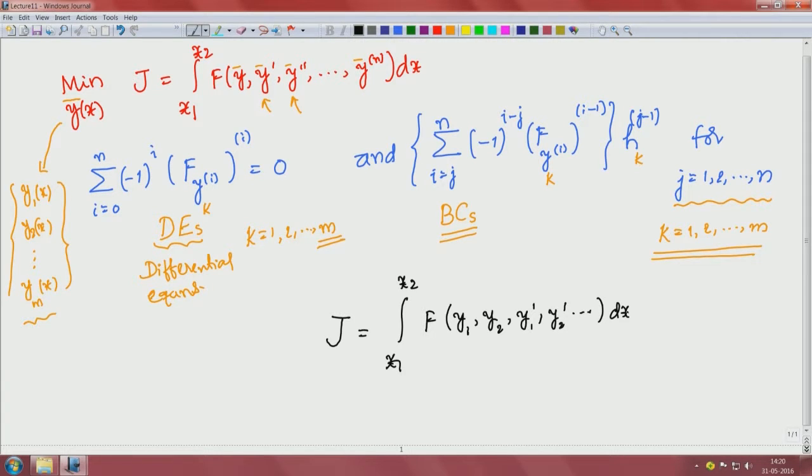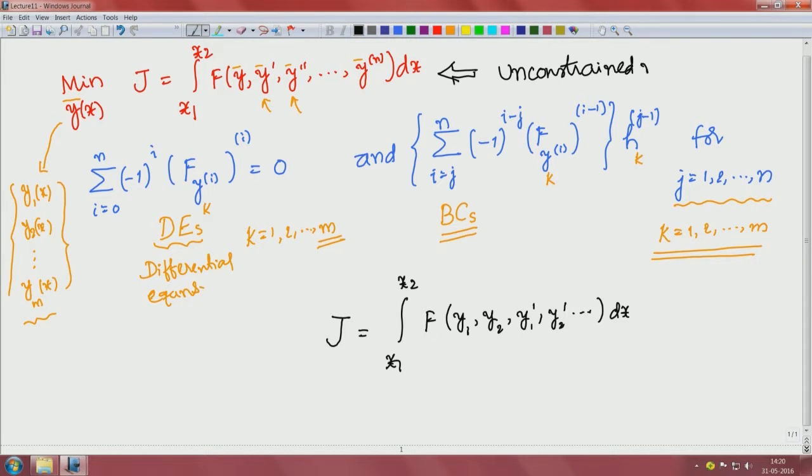Okay. So, in this context we should note that when you are dealing with two functions, you can still have an unconstrained minimization problem, meaning that the type of problem we have considered is unconstrained, right. So, there are no constraints here.